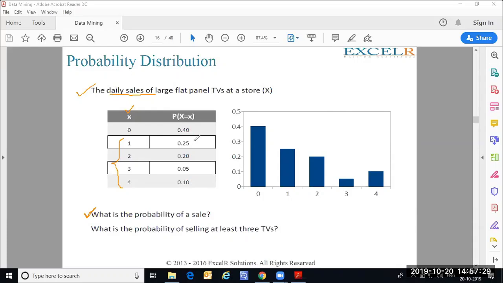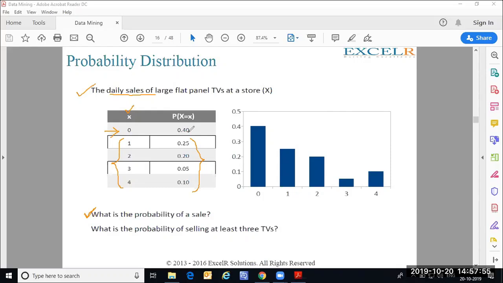Now if you just sum up all these 4 probabilities, you will end up getting 0.60, or else you can take the no-sale probability. That means there is a 40% chance that none of the TVs are getting sold. That means there is no sale for that day.